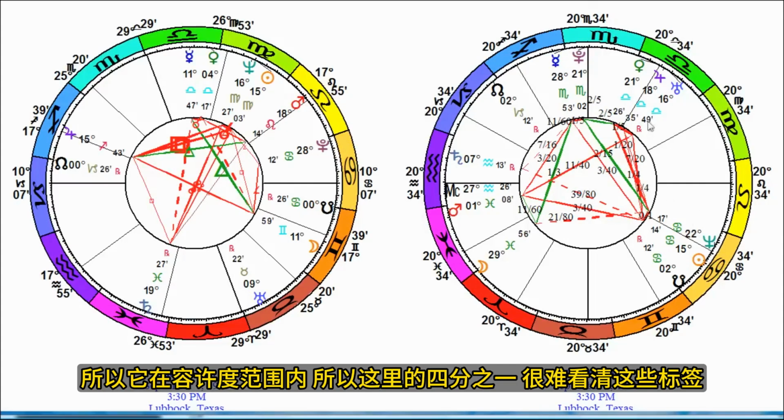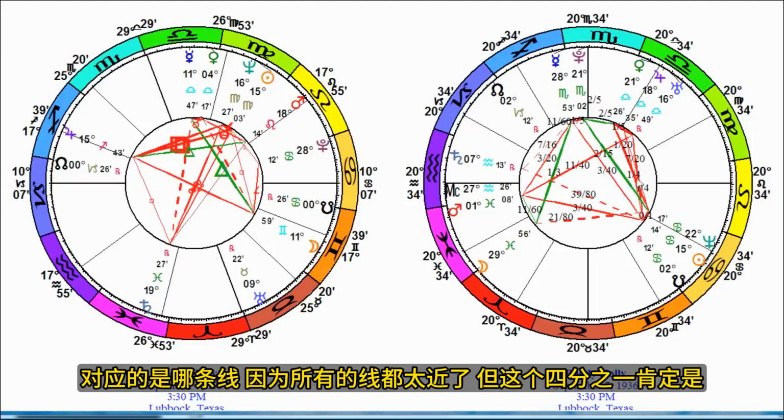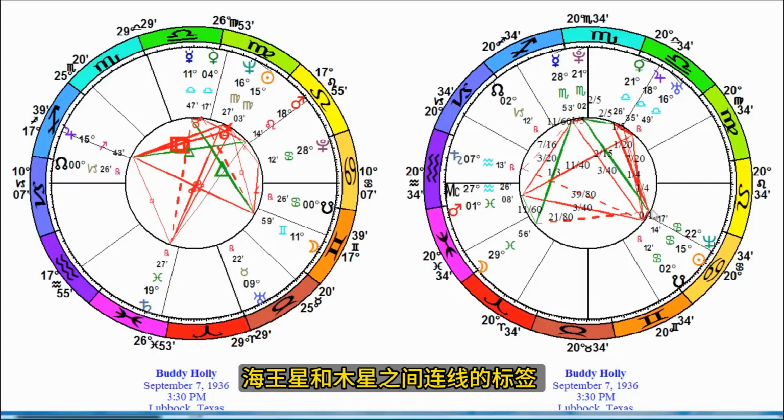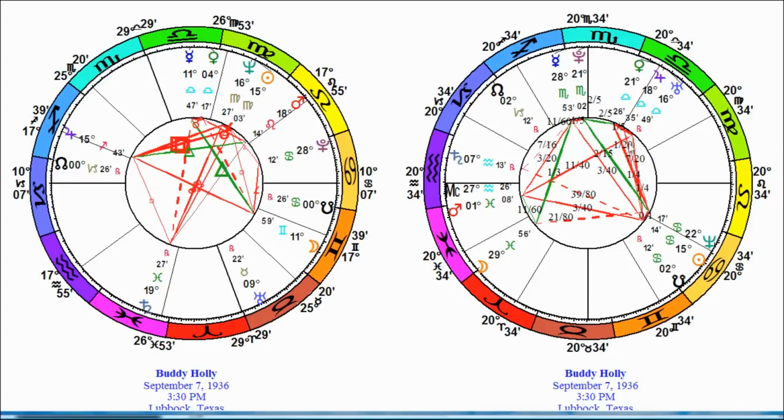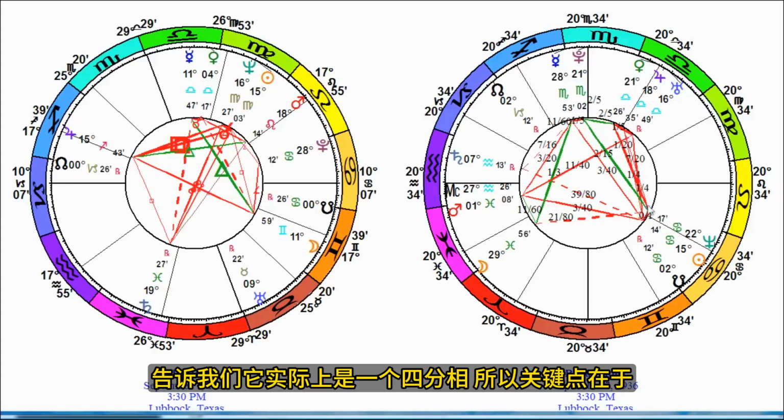So it's within orb. This 1/4 here, it's hard to see which line these labels are for because all the lines are so close together. But this 1/4 must be the label from the Neptune to the Jupiter, telling us it's actually a 1/4.